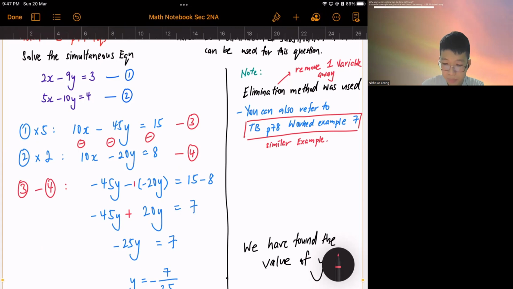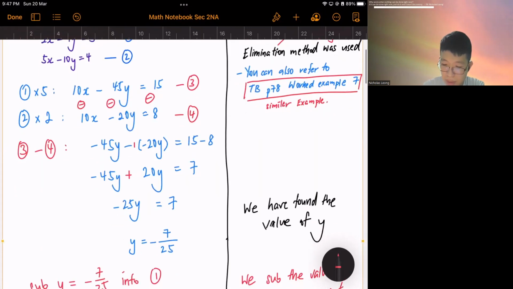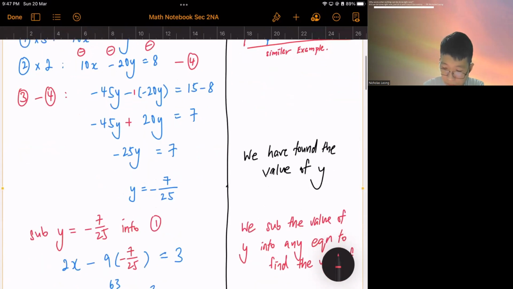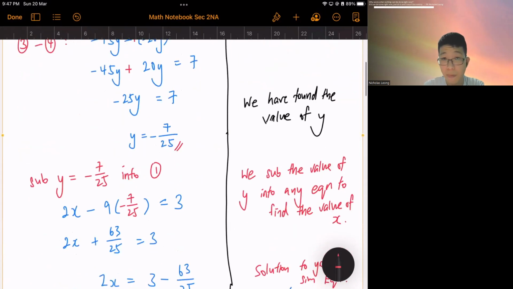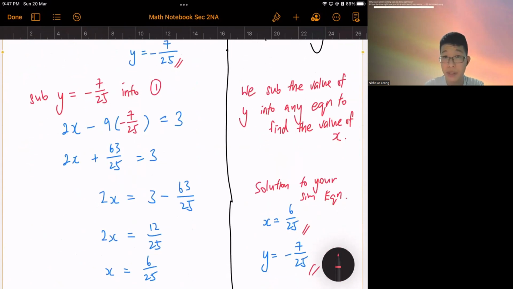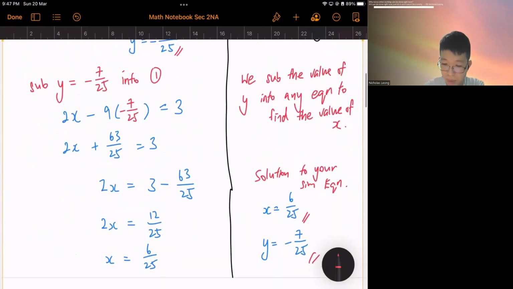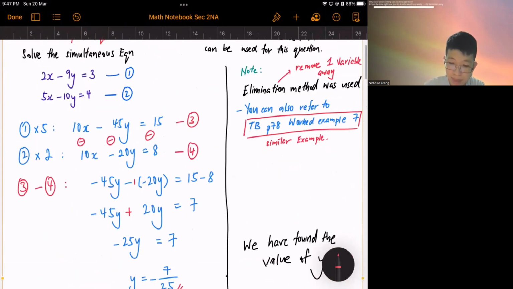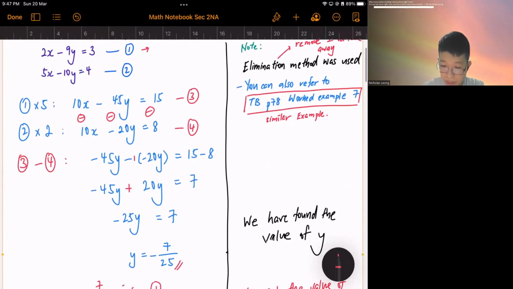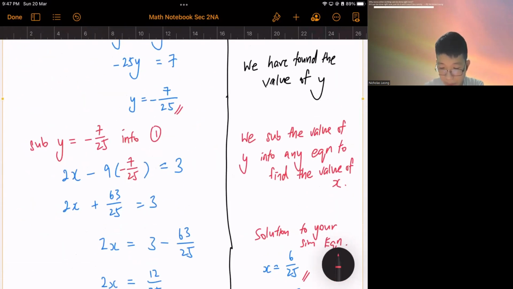Once you have that, you need to find the value of y by rearranging the terms or simplifying them. This will give you the value of y. Once you have the value of y, you can substitute it into any of the equations. I'm just using equation 1 as an example: 2x minus 9y equals 3.